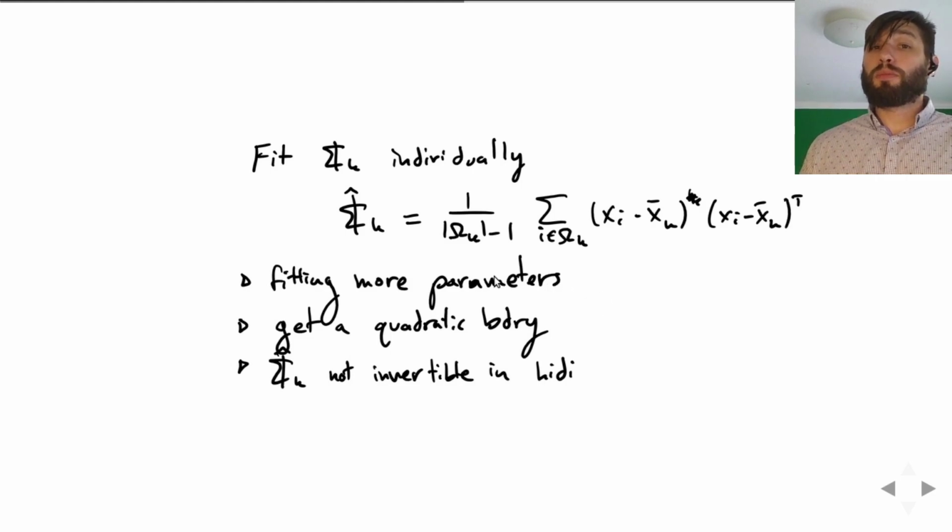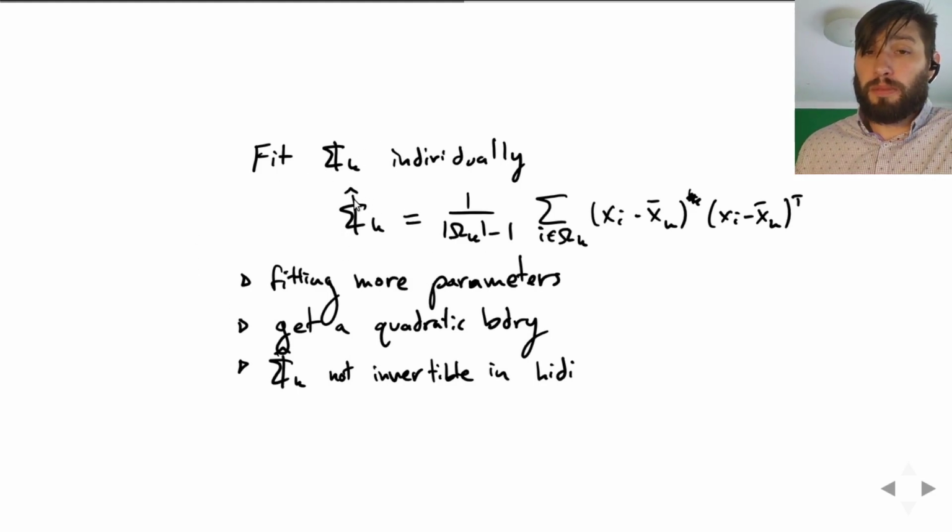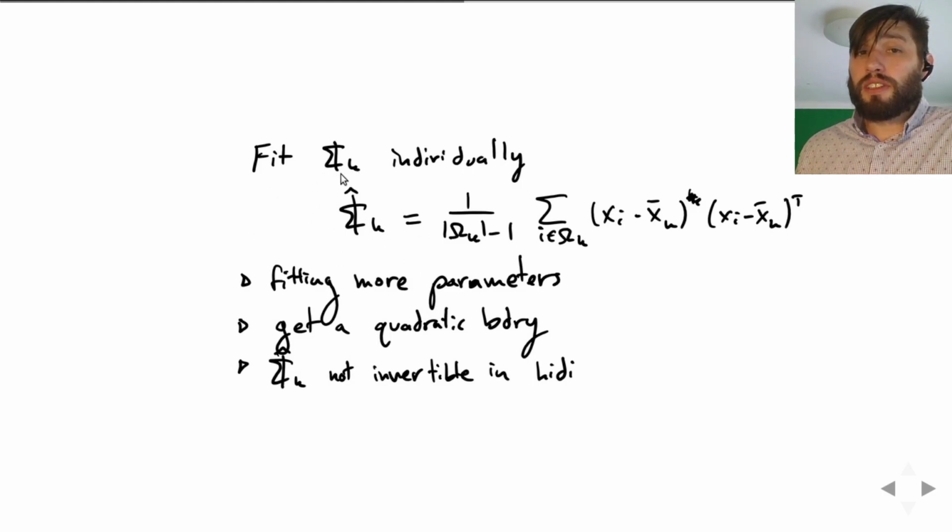Unfortunately, we have to fit more parameters. The hardness in LDA was estimating sigma hat, which is where most of the parameters lie. Now we've at least doubled the number of such parameters. Just like with LDA, we have to invert this sigma hat. That's one issue, and it generally is not going to be invertible in high dimensions.